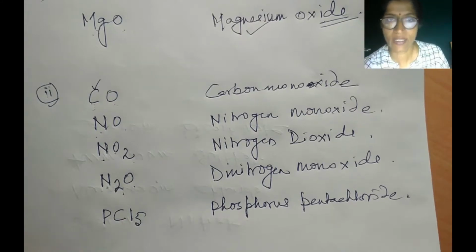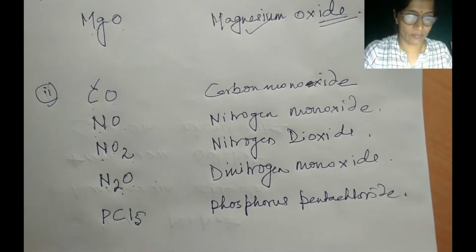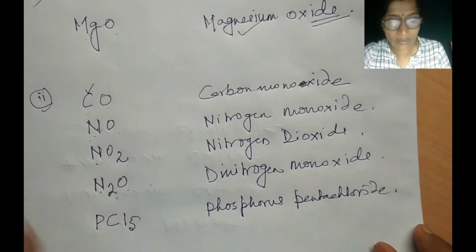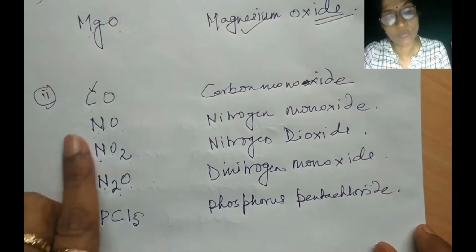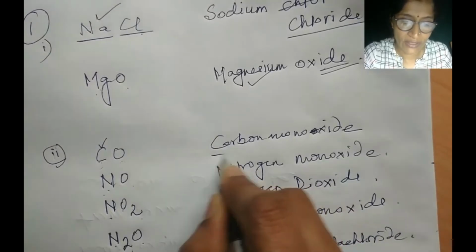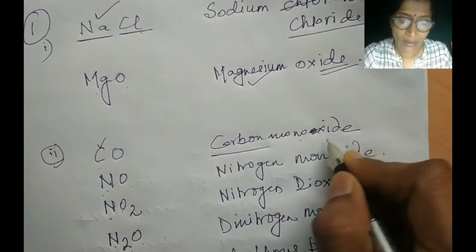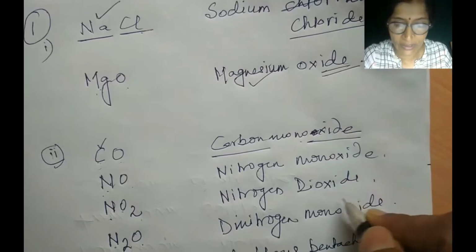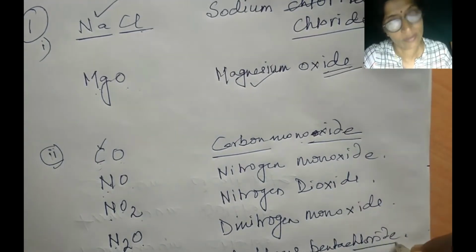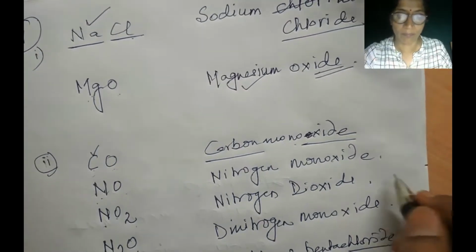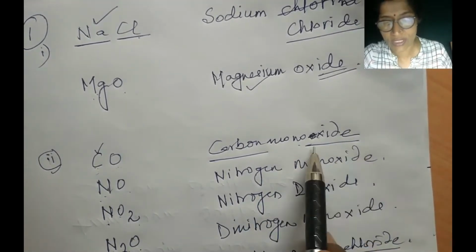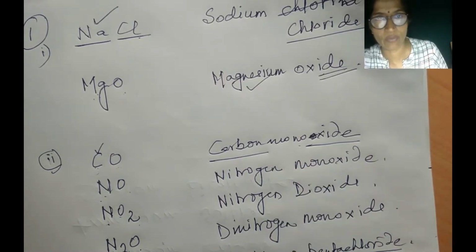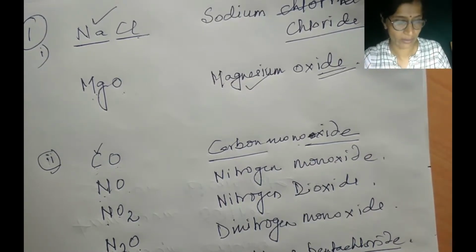Then 6, hexa, like this. So in this way we can write the name of a binary compound when it consists of 2 non-metallic elements. First as it is, the second element I will write in the form of oxide, nitride, chloride, in that way. But whatever the number of units, accordingly I will write mono, di, tri, tetra, penta, like that.